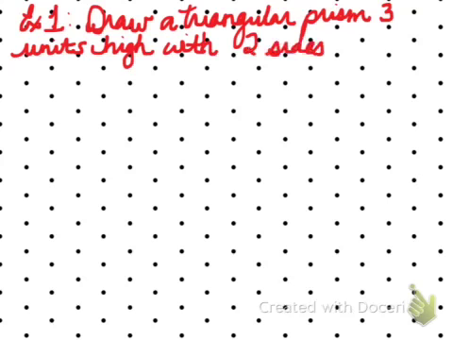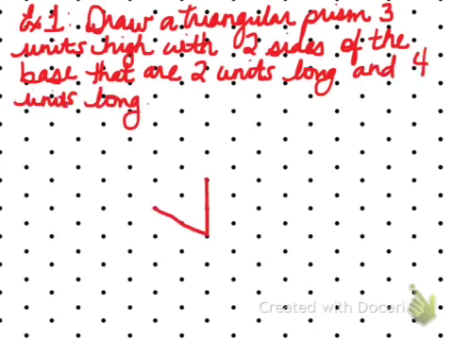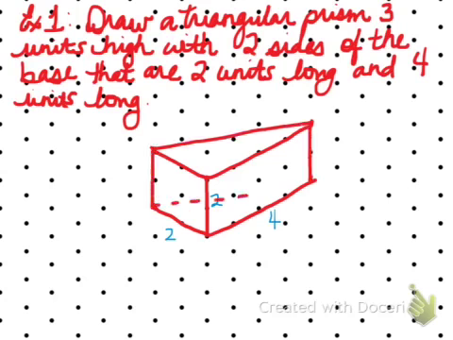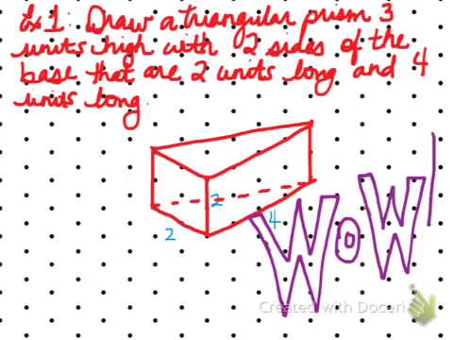Example 1 is basically drawing a right triangular prism 3 units high with 2 sides of the base that are 2 units long and 4 units long. So I'm drawing this right triangular prism in an isometric view. You can see here that this side is 2 units long, 1, 2.